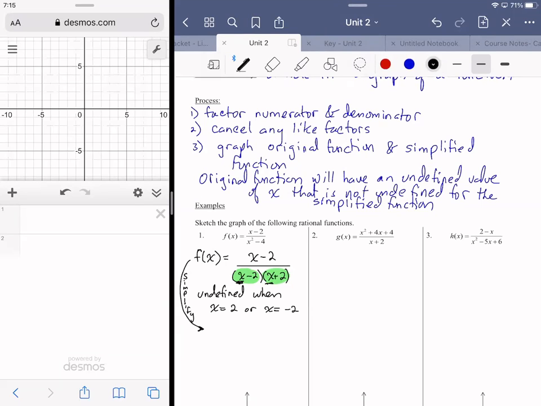All right, so then we simplify by canceling the x minus 2's, and that's going to give us a new function. We're going to call that y equals instead of f of x equals, because it's different enough that we can't call it the same thing. So it simplifies down to just 1 over x plus 2, because these two factors cancel to give you 1, since anything divided by itself is equal to 1.